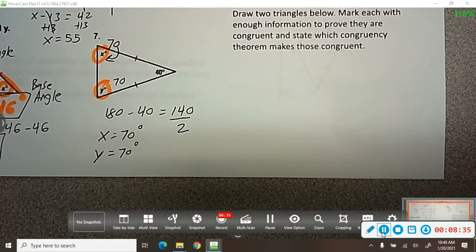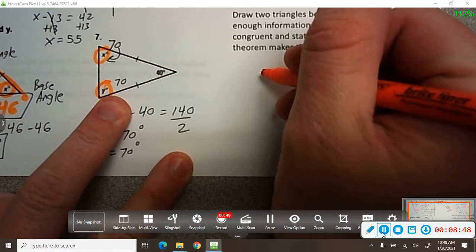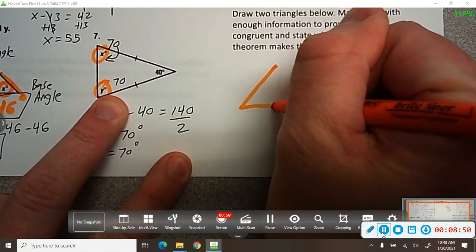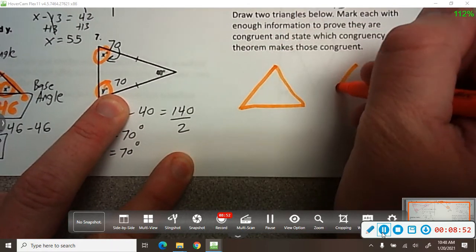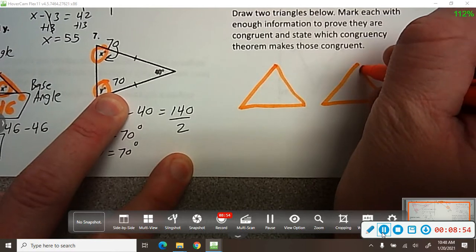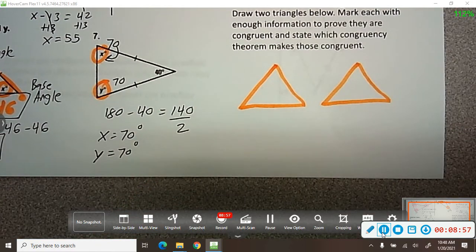Draw two triangles below. Mark each with enough information to prove they are congruent, and then state which congruency theorem makes those congruent. So you're going to try to draw two triangles that look alike. Are they congruent? I mean, I did the best I could, but they don't look exactly the same. And so I'm going to decide which theorem I want to use. So they say mark each.